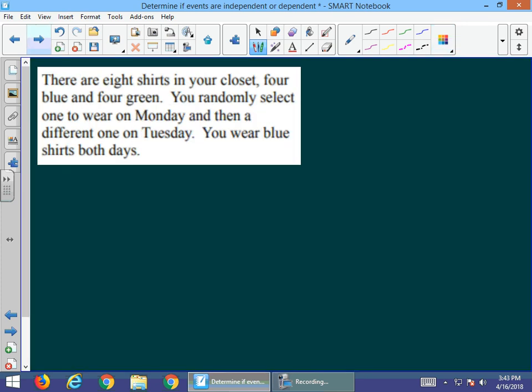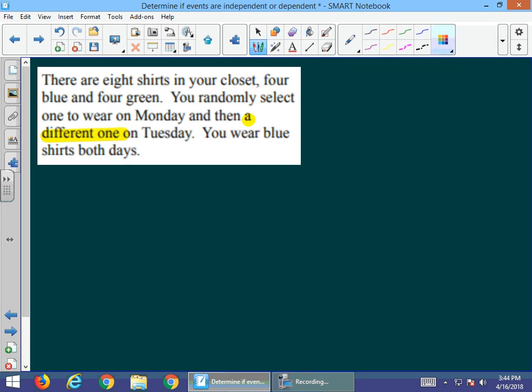All right, the next one says there are 8 shirts in your closet, 4 blue, 4 green. You randomly select one to wear on Monday, then a different one on Tuesday. A different one. So that means you are not going to be able to take that shirt and wear it a second time.